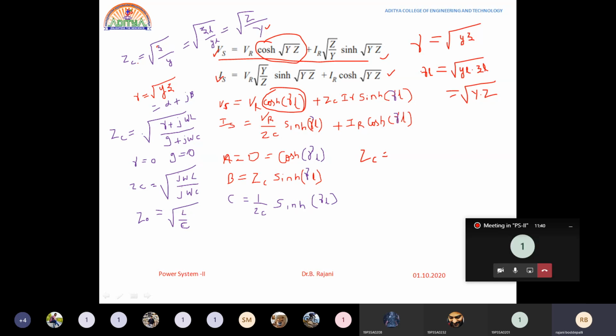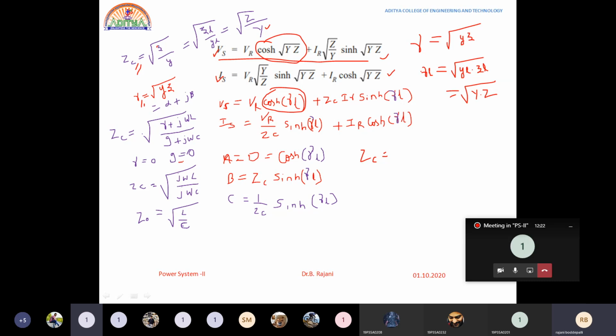So now I have the equations for ZC and gamma. Gamma is called the propagation constant, and ZC is the characteristic impedance, which is root over Z by Y. This is further simplified: Z can be written as R plus jωL, and Y can be written as G plus jωC. In the case of loss-free conditions, that is, when we use a good conductor with good insulating material, R equals 0 and G becomes 0.